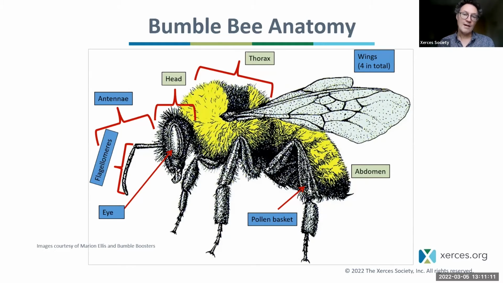Each of these can have 2 or more segments. The only place that matters for you as a volunteer on this project is the abdomen, which I've described as having 6 or 7 segments, 7 for males and 6 for females. You see the antenna, we'll talk more about that in a second. And then the presence or absence of the pollen basket on the hind leg.